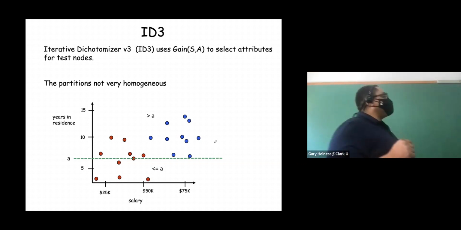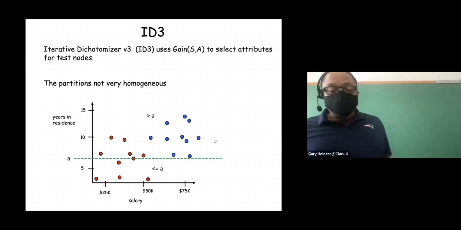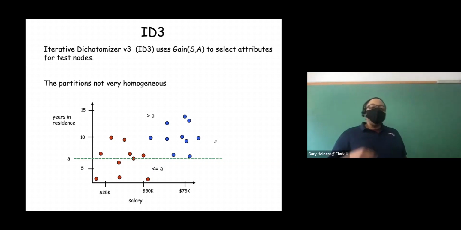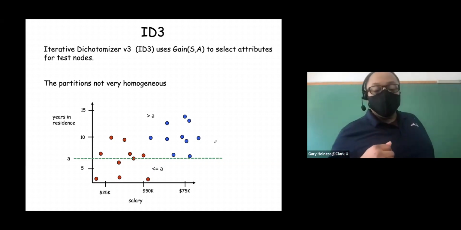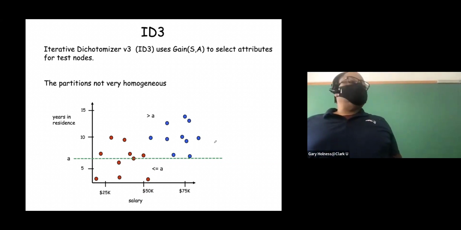And then from that partition, we subdivide our data set. So here, if we're using years in residence, this green line is the axis parallel split associated with value A, which is this years in residence attribute of that particular data point that this dotted green line pierces. Does that make sense? Any questions?